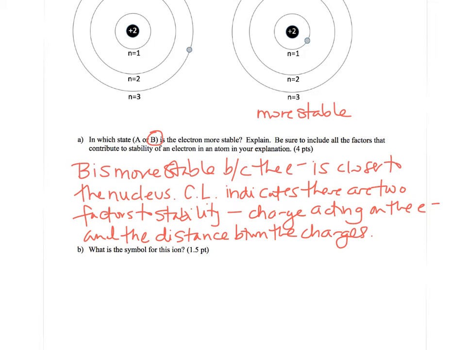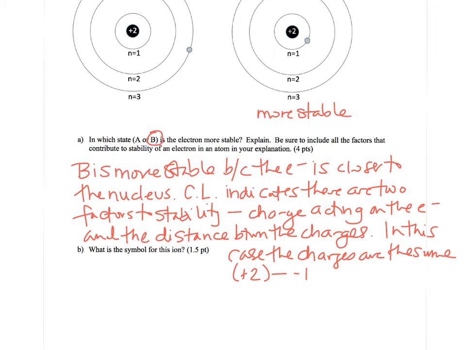Further, you would have to say, in this case, the charges are the same. In other words, +2 in the nucleus interacting with -1 on the electron. So it is distance that matters. So that would be the kind of thinking or the kind of explanation that would get full credit.